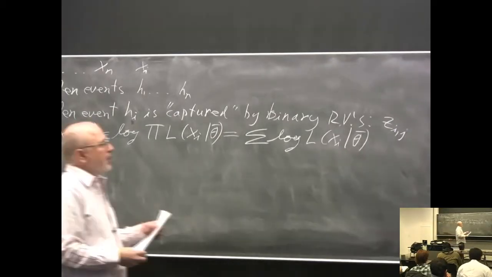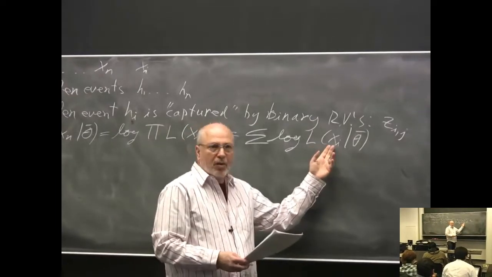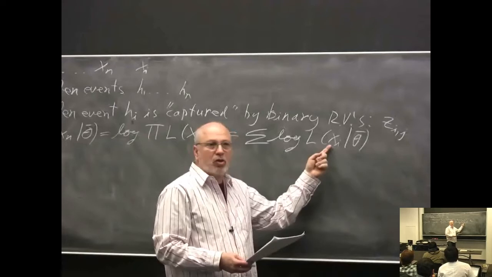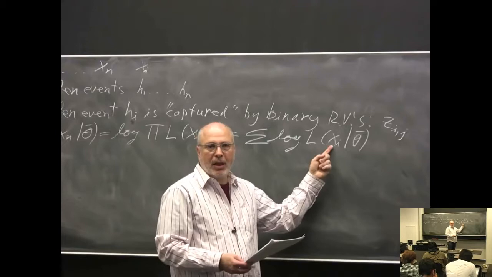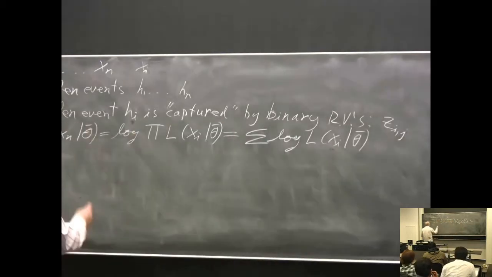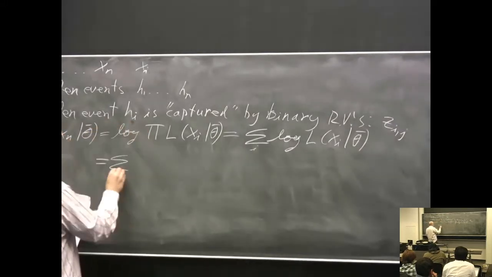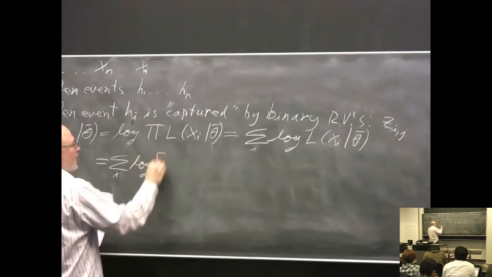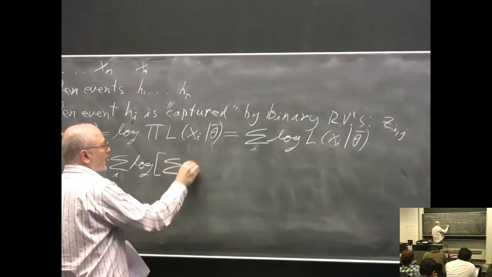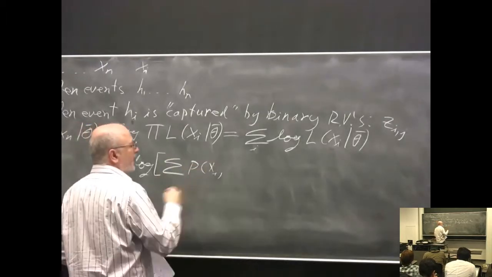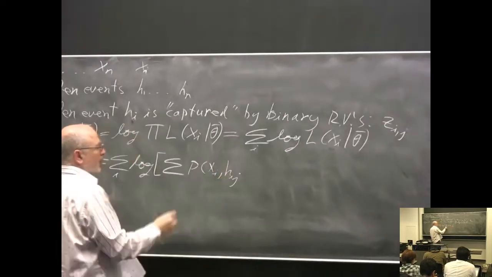What I do next is I have to realize that I have an expression for how to generate this, but it depends on the hidden events. So I'll write this down as sum over i of log of, and now I'm going to sum here over P of xi, hij for all possible values of j.